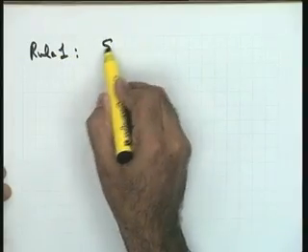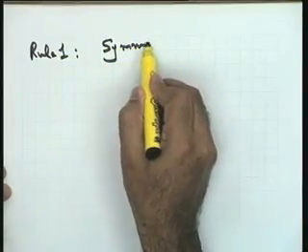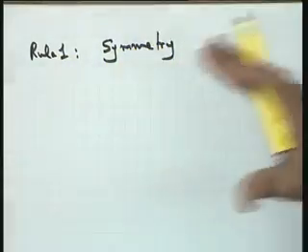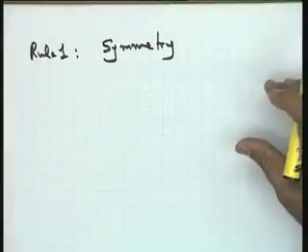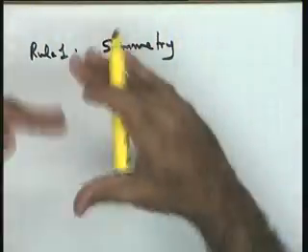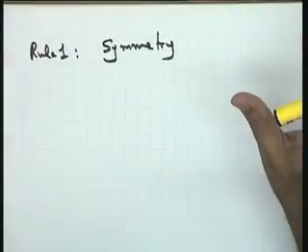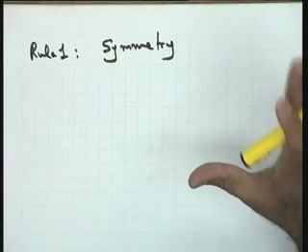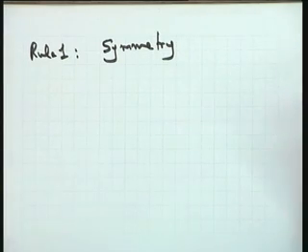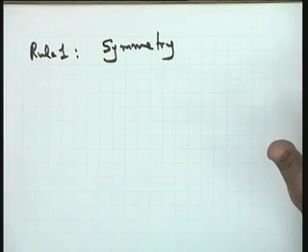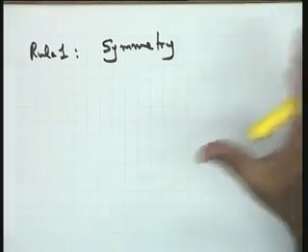Can I say that rule 1 is a symmetry rule? Any root locus sketch you are making, you write in your own language; I will not write the total language over here. The symmetry rule says that any root locus plot you are making has to be symmetrical with respect to the real axis. Because any complex roots, whenever they occur, have to occur in complex conjugates in any real system.